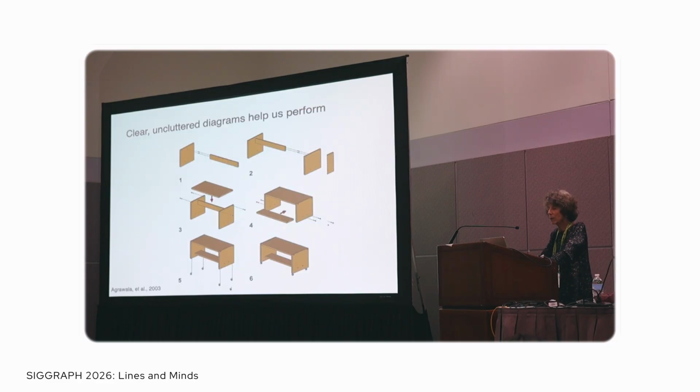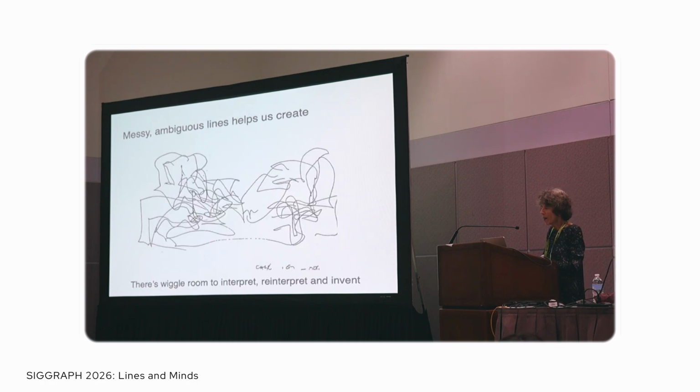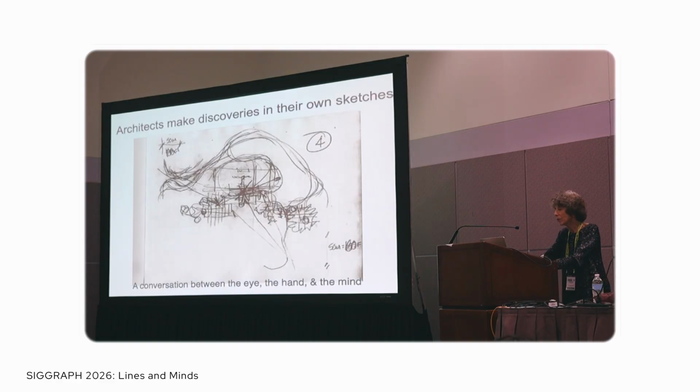So clear, uncluttered diagrams, perhaps you've seen this, help us perform. We want them very clear and very ordered, 1, 2, 3. But messy, ambiguous lines help us create. There's wiggle room to interpret and reinterpret and invent. So we studied architects drawing a design.